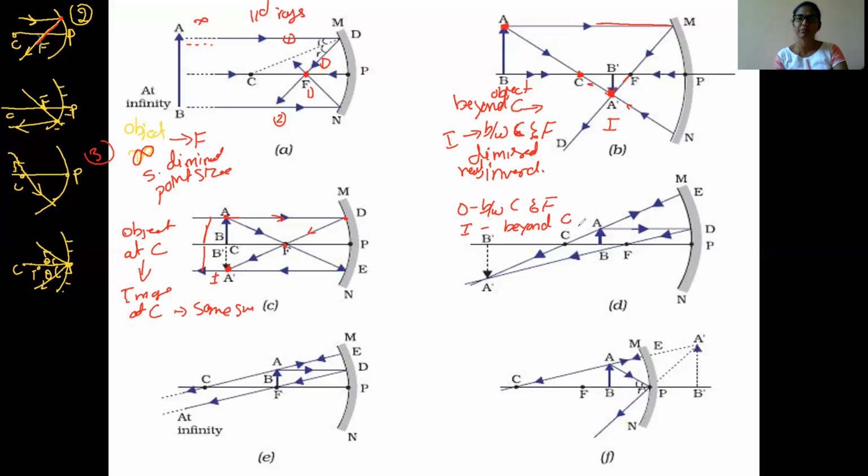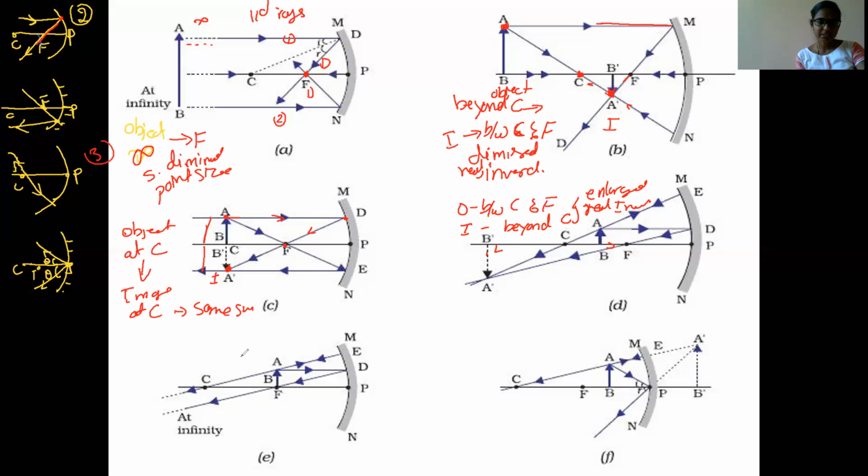Here the nature is enlarged. See, compare object size AB and A prime B prime. This is small and this is large, so you get an enlarged image. And that is what? Real and inverted. You can observe easily that a real and inverted image is formed here.